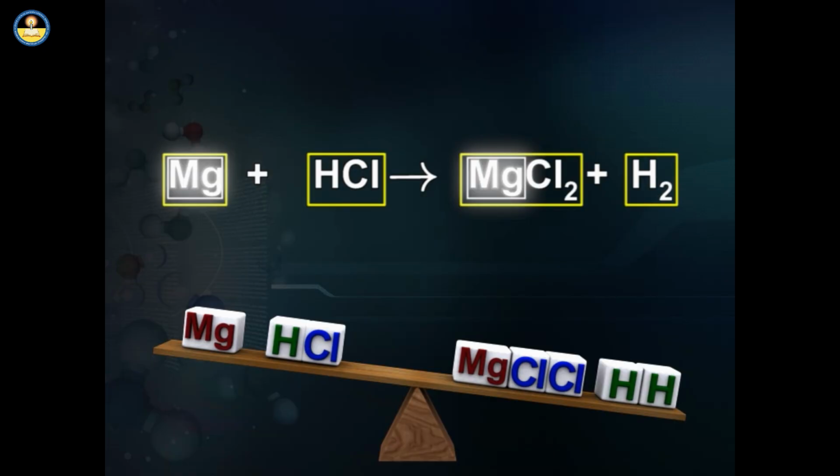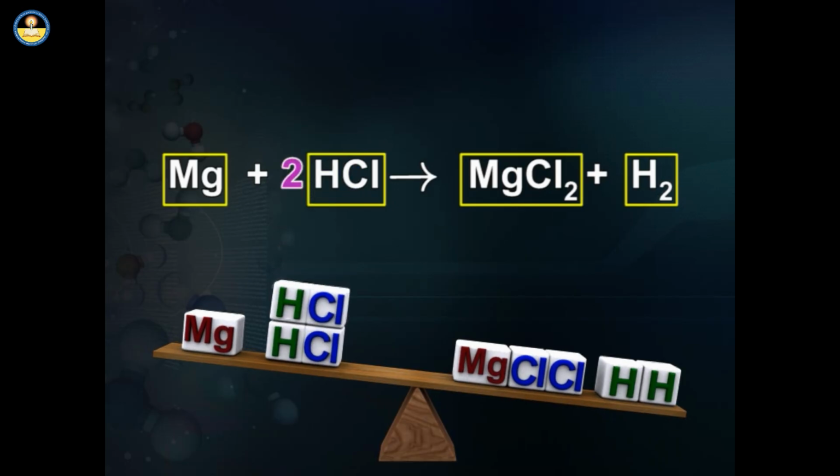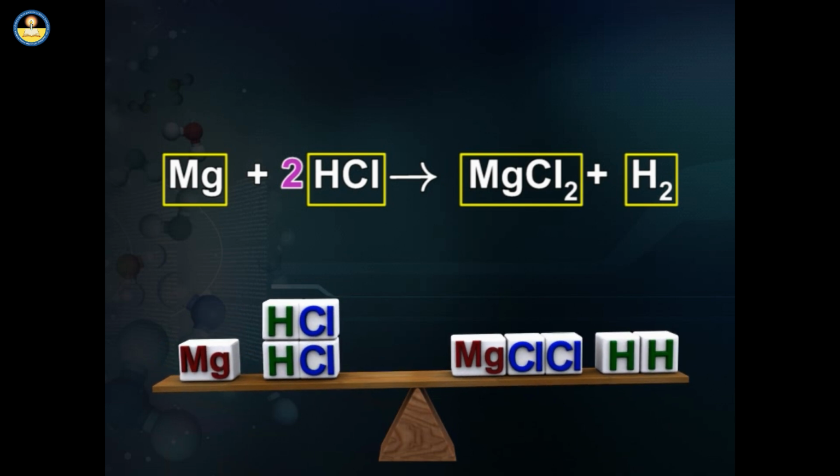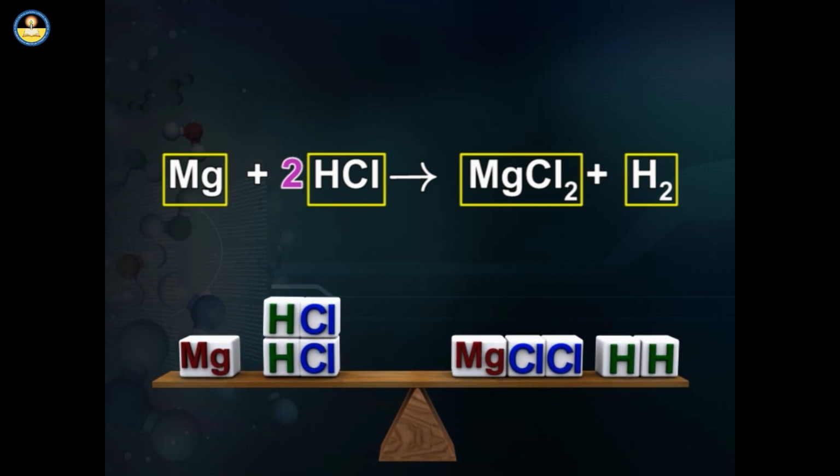Here, the magnesium atoms are already balanced on both sides. To balance the atoms of chlorine, put coefficient 2 before HCl on the reactant side. The equation may be written as Mg reacts with 2HCl to give MgCl2 plus hydrogen.